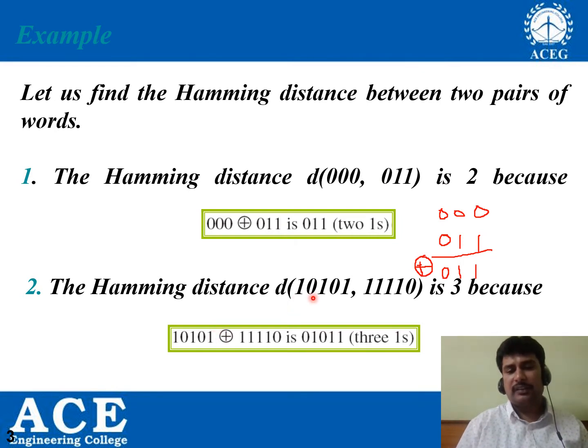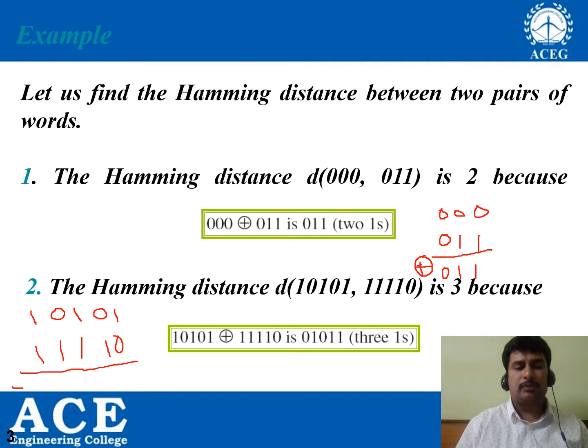Similarly, the next problem. Here we have 10101 and 11110. Let's put it here: 1 0 1 0 1, and next 1 1 1 1 0, and we are expected to calculate the modulo 2 addition, or exclusive OR, between these two data words. I want everyone to be able to answer it.